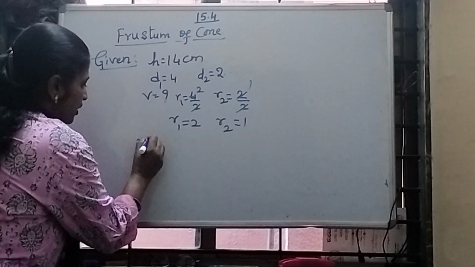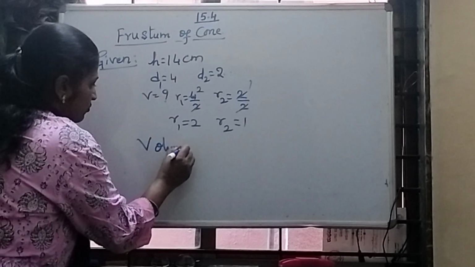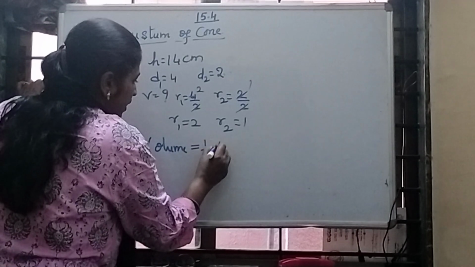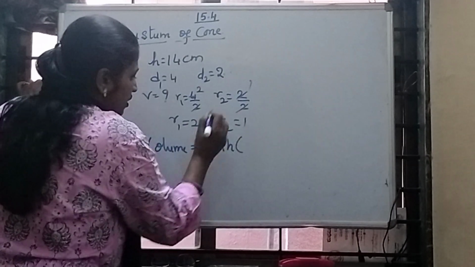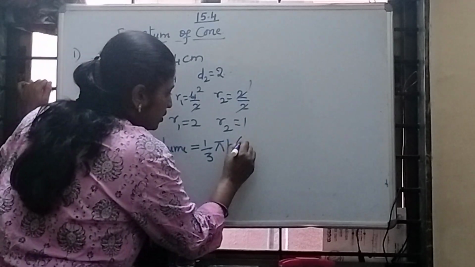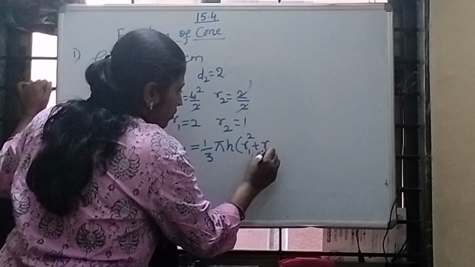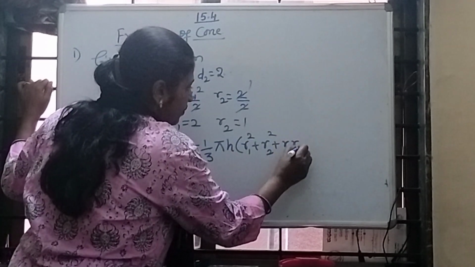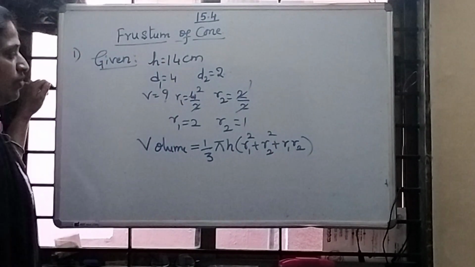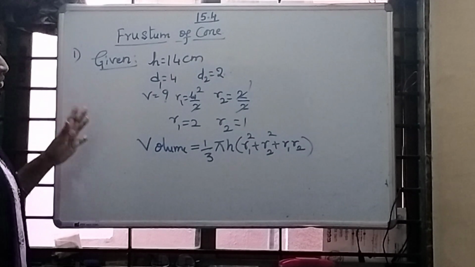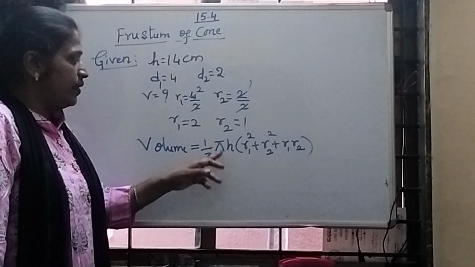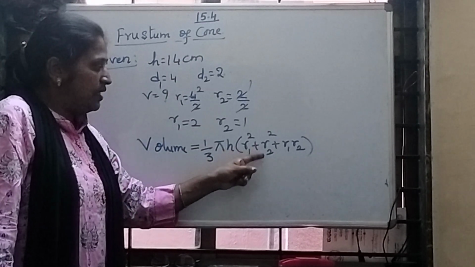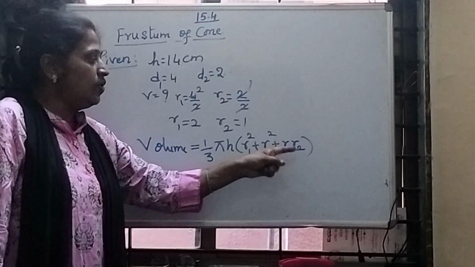Now we find the volume of the frustum of cone. Volume is equal to 1 by 3 pi h into R1 square plus R2 square plus R1 into R2. The cone formula is 1 by 3 pi R square h, but that R square now becomes R1 square plus R2 square plus R1 into R2.